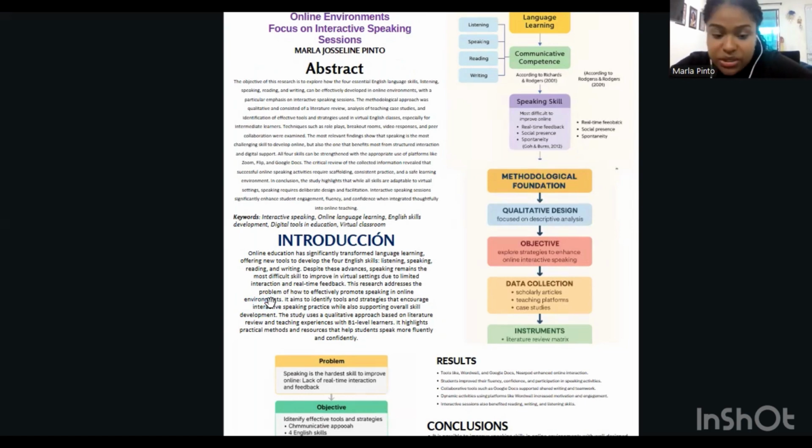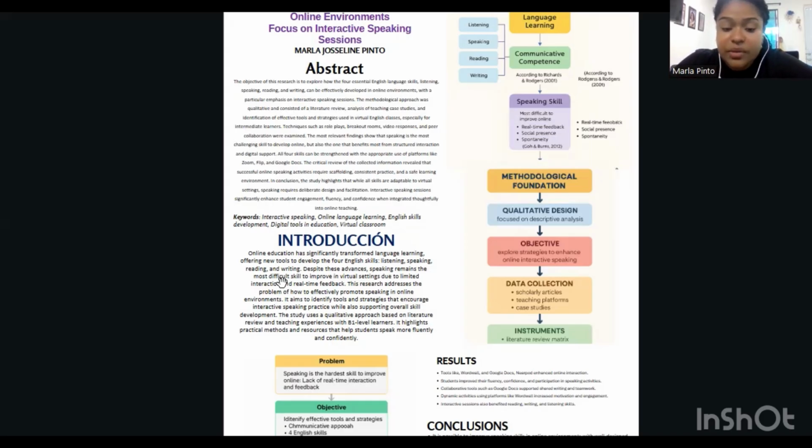This research addresses the problem of how to effectively promote speaking in online environments. Through great tools, we can have a great advance in the four language skills.